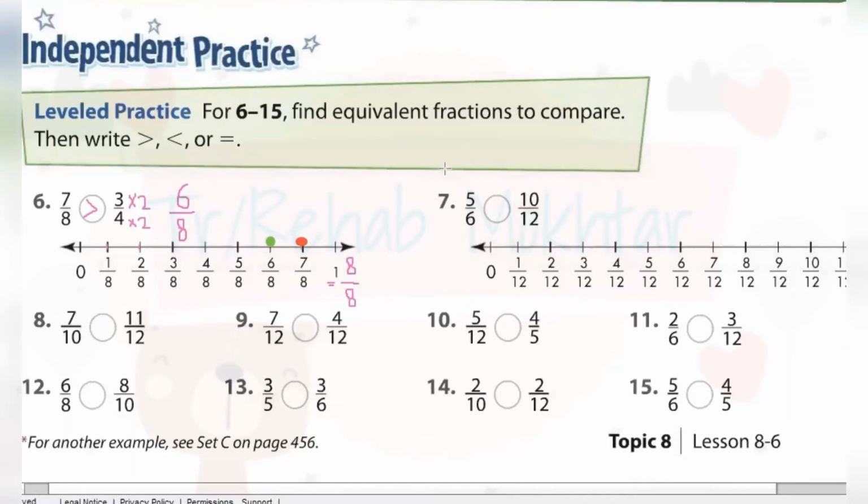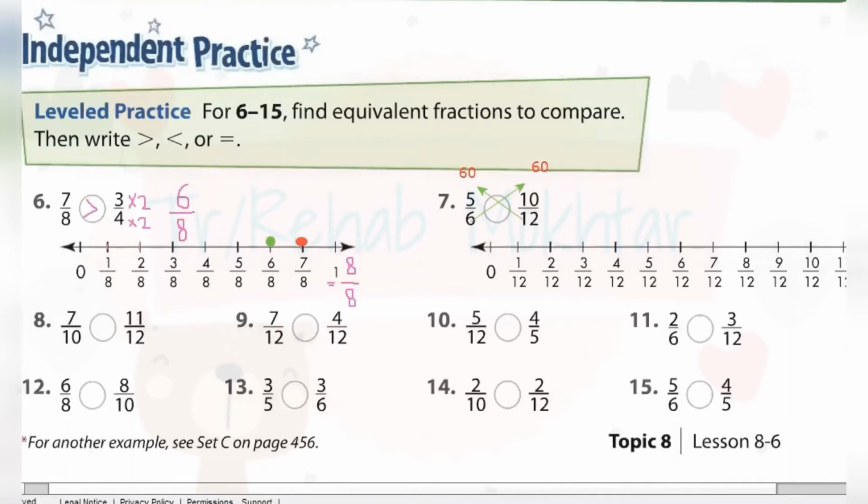Now 5 out of 6 and 10 out of 12. I can solve it without using a number line. How, teacher? As we said before, make a ray like this, and here make a ray like this, and start to multiply. 12 times 5 equals 60. And here 6 times 10 equals also 60. So both of them are equal.